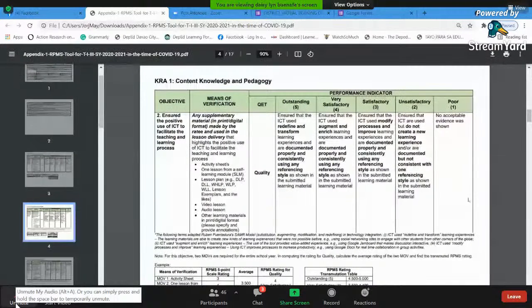Okay ha? The learning materials are able to create new kinds of learning experiences that were not possible before. Example, using social networking site to engage with other students from the corners of the globe. That is why Ma'am Nora Lenz presented a while ago, this morning, itong mga different platform nga magamit nato.